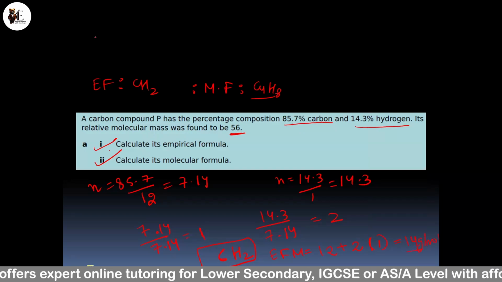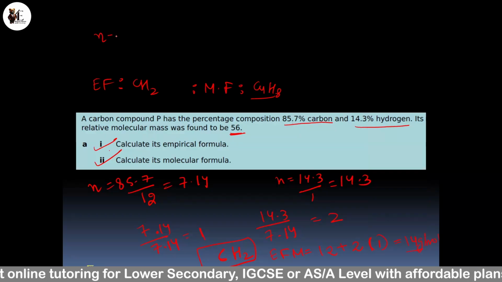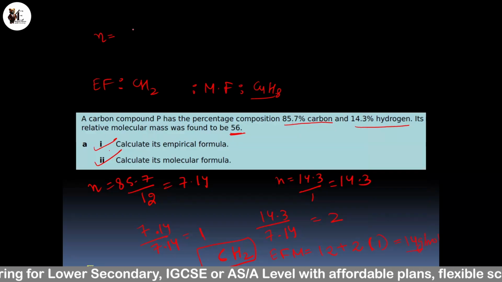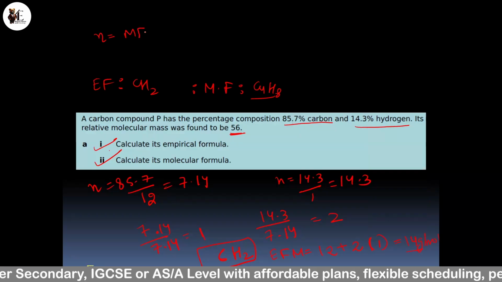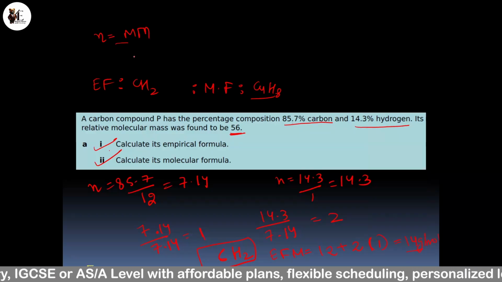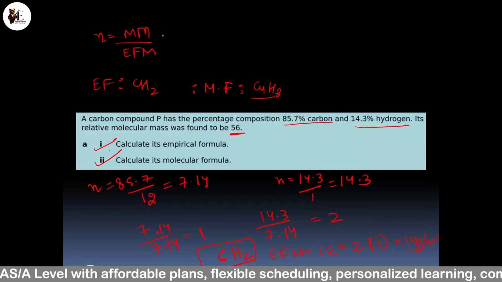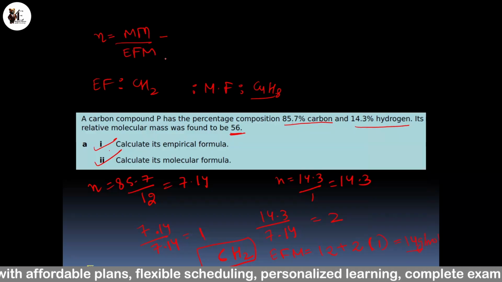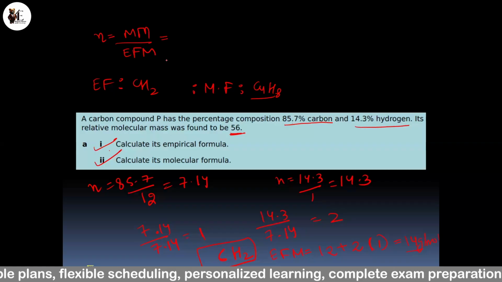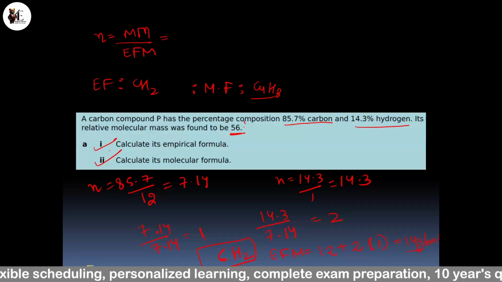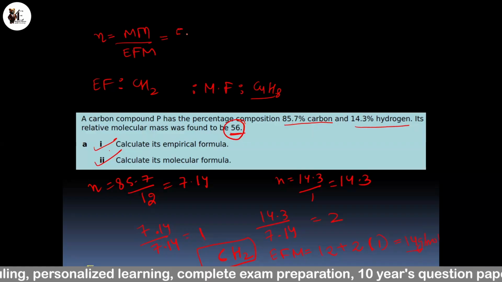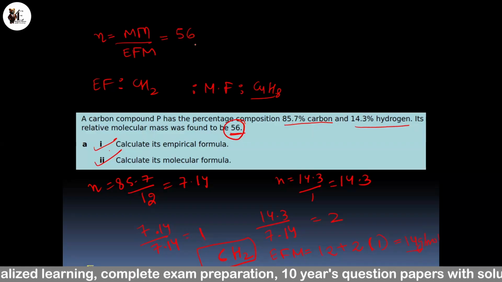Then you have to calculate the value of n, which is equal to molecular mass divided by empirical formula mass. The molecular mass is given in the question, 56, and the empirical formula mass is 14.